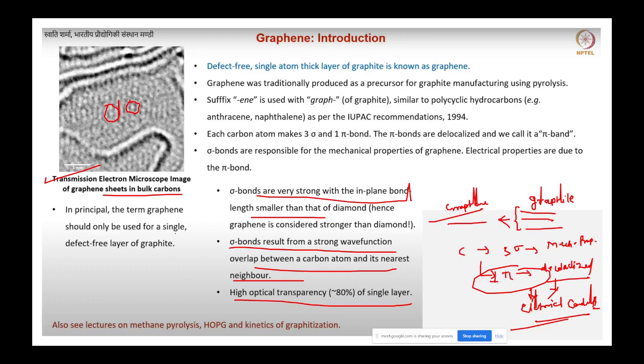In principle, the term graphene should only be used for a single defect-free layer of graphite. Graphite is multiple layers, but when you break off a single layer, one atom thick, it is graphene.